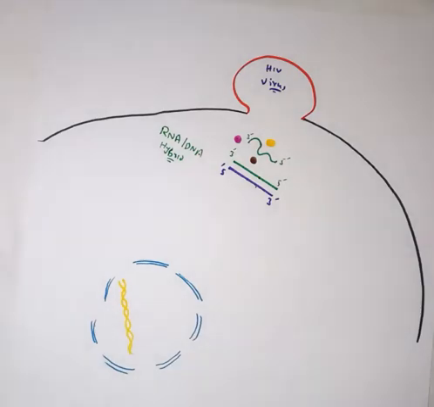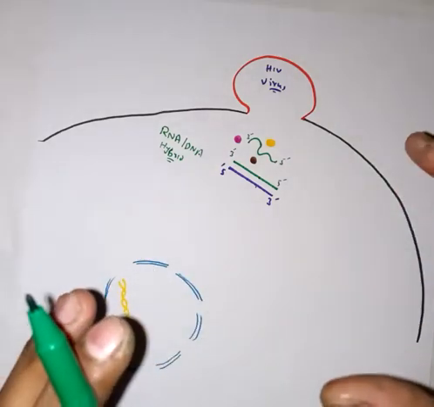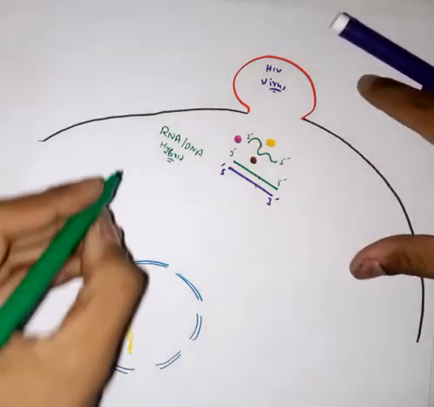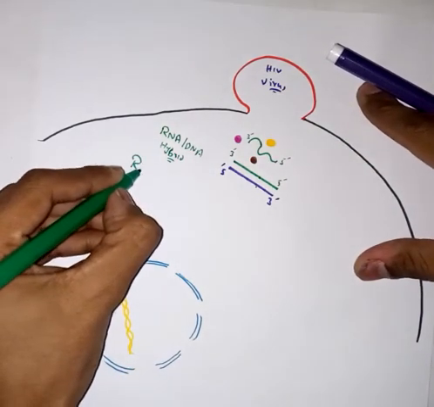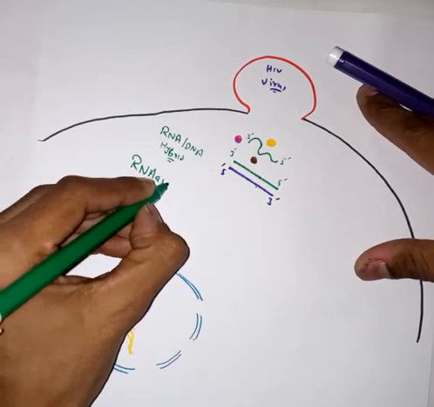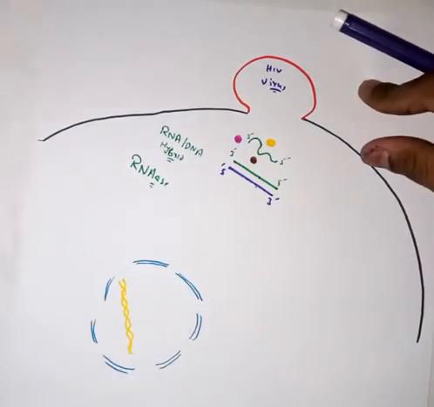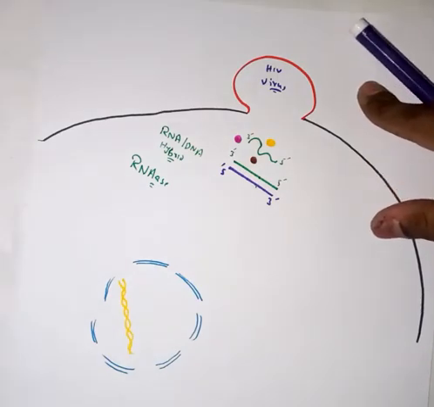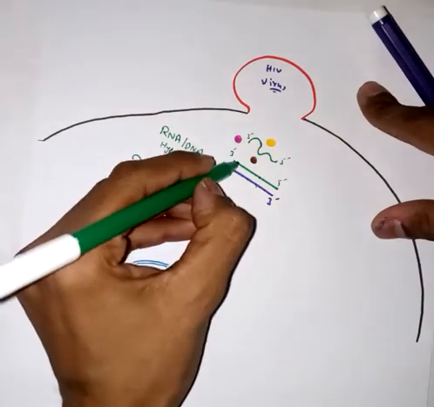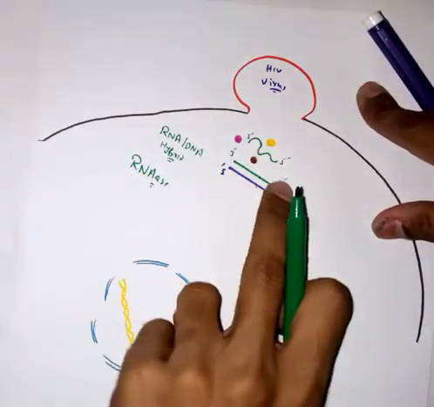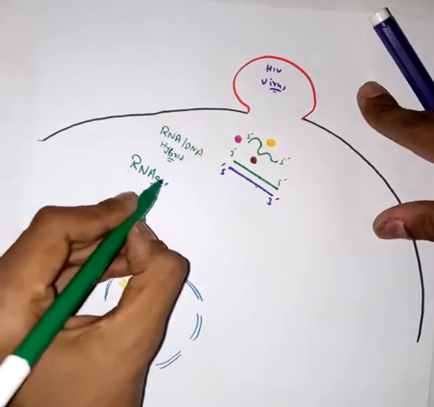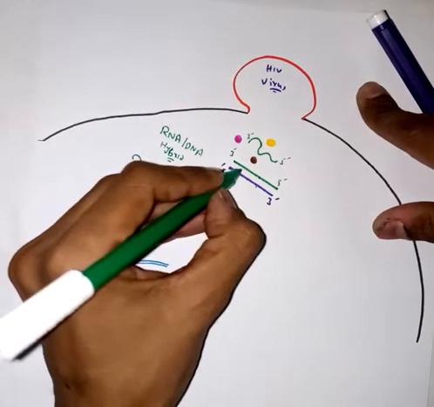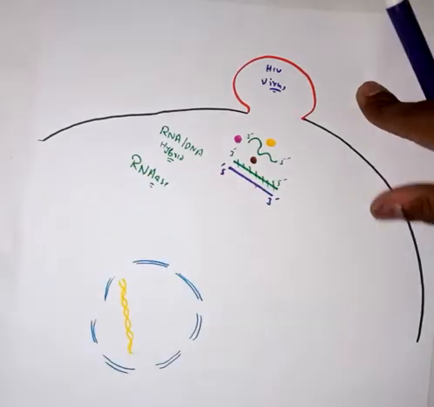Now one domain of the reverse transcriptase enzyme has RNase activity. Which activity? RNase activity. It means the reverse transcriptase is also responsible for degrading, for destroying this RNA strand. After this, the RNA DNA hybrid will be formed. Now the second domain of the reverse transcriptase will be used and this strand will be degraded.